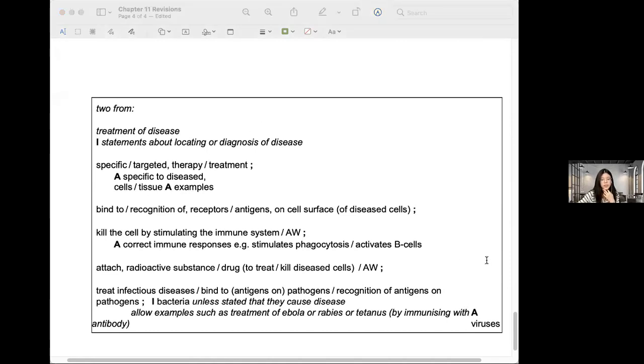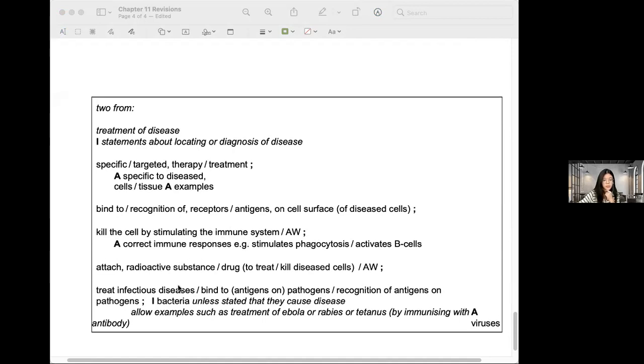So first we state that each type of monoclonal antibody will target a specific targeted antigen in the body, and then they bind to the receptors or antigens on the cell surface of the diseased cell. They kill the cell by stimulating the immune system.